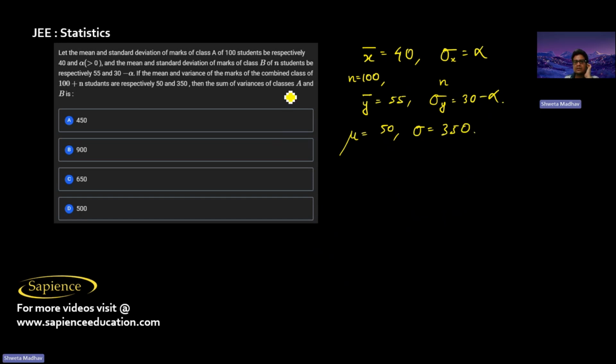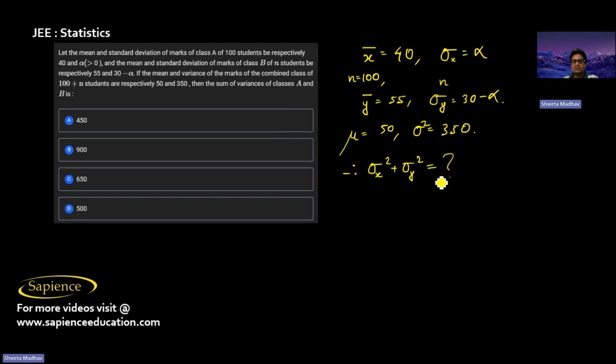The sum of the variances of class A and class B is asked; the standard deviation has been told. So therefore, we need the variance of the marks, that is sigma square. Now the sum of the variances of class A and B means sigma x square plus sigma y square.